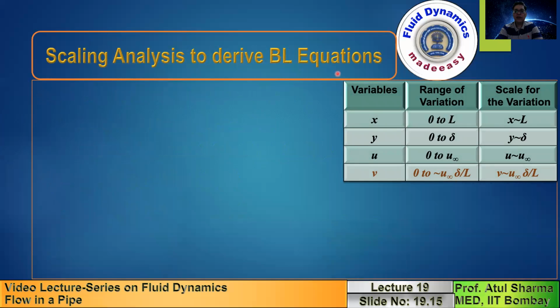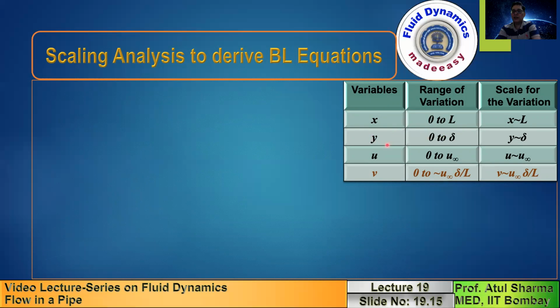To derive the Prandtl boundary layer equation using scaling analysis, these are the variables that we consider: the independent variables, the spatial coordinates x and y, and the dependent variables, the u velocity and v velocity. The x coordinate for flow over a flat plate varies from 0 to L, where L is the length of the plate.